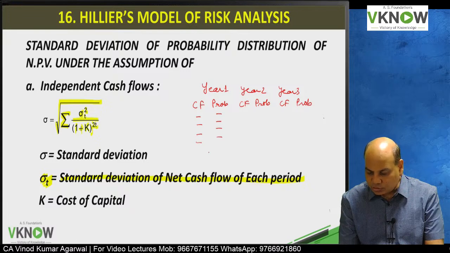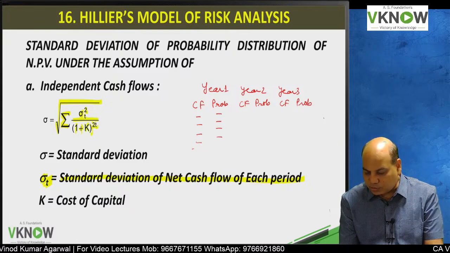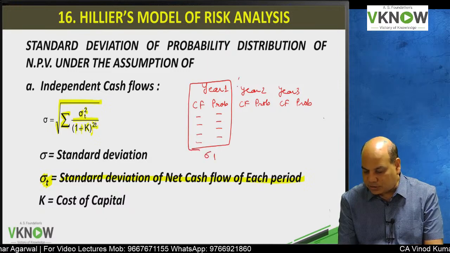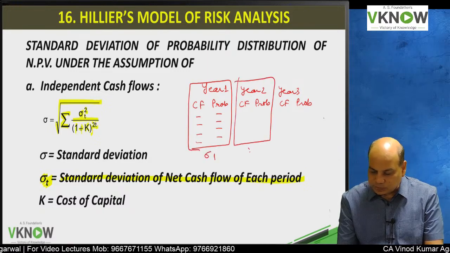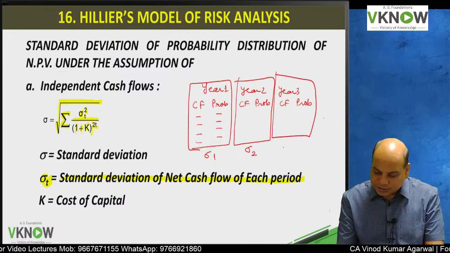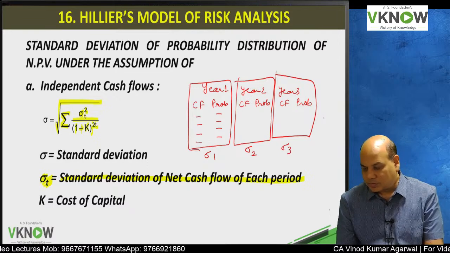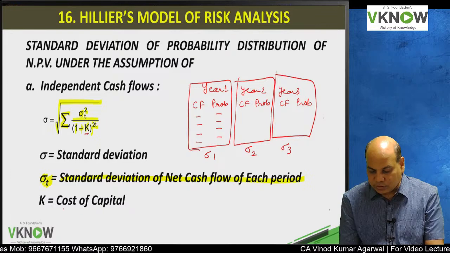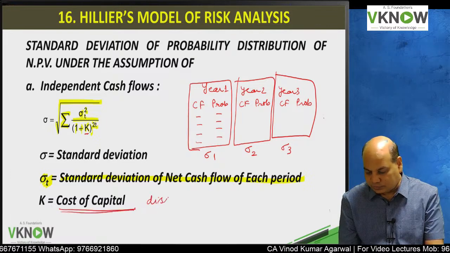So based on cash flow and probability, you will calculate standard deviation of year 1, you will compute standard deviation of year 2, you will compute standard deviation of year 3, and then apply in this formula. And what is K here? K is your cost of capital or discount rate.